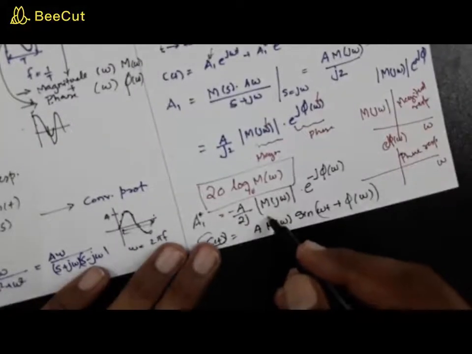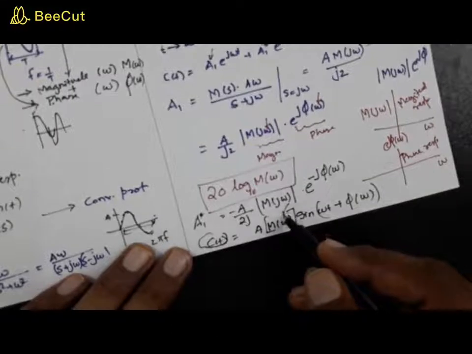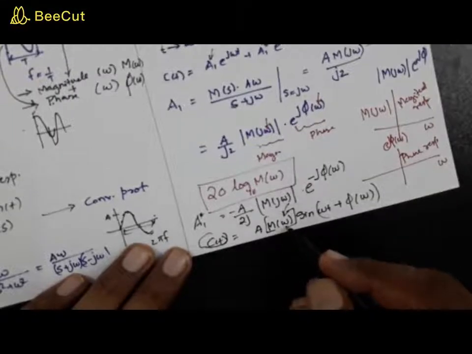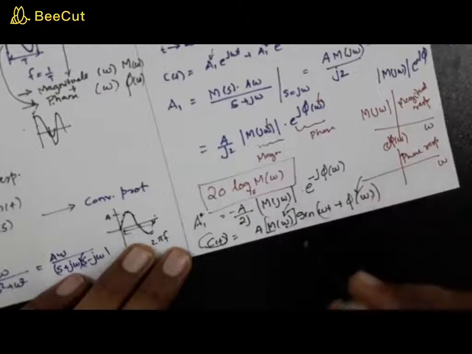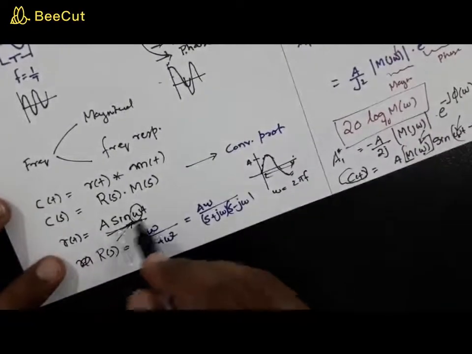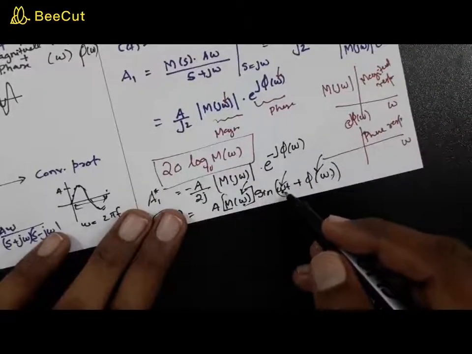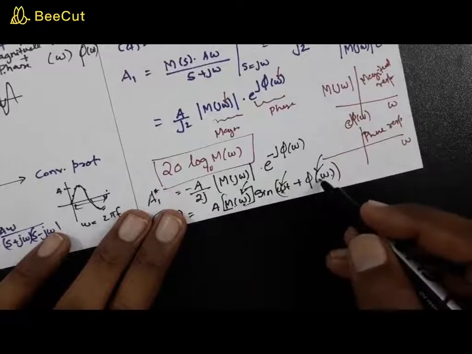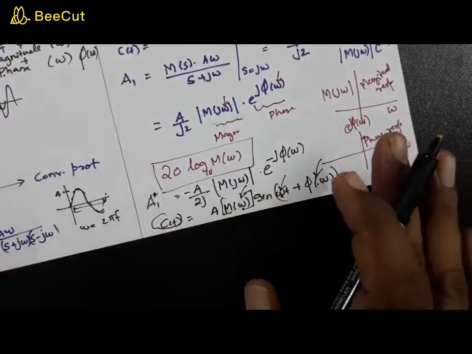You can see that there is a magnitude part which varies according to frequency and a phase part which depends upon the frequency. You inputted a sine wave with the frequency omega, and you are having the same frequency. The frequency is unaltered, but magnitude and phase vary as you increase or decrease the frequency.